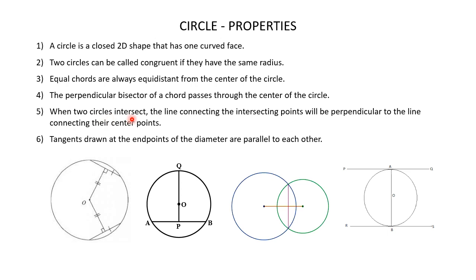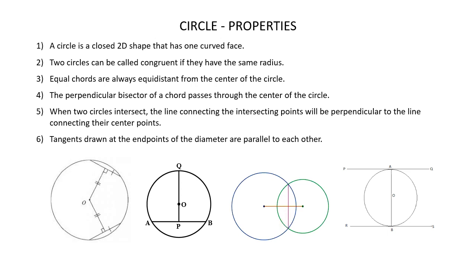When two circles intersect, the line connecting the intersecting points will be perpendicular to the line connecting their center points. Now look at this diagram. Here you can see that these two circles intersect at this point and this point. Now this is the line joining the intersecting points.